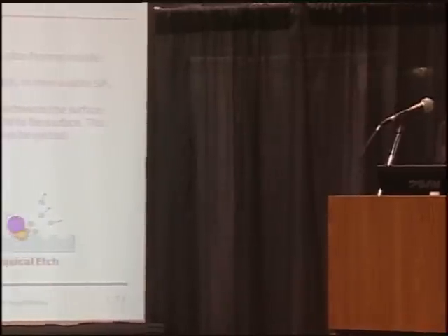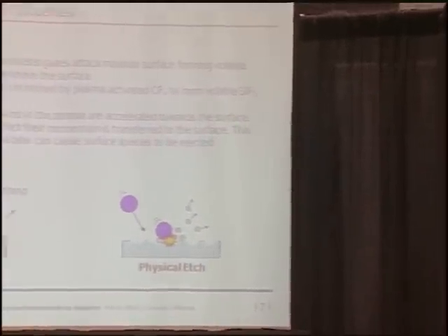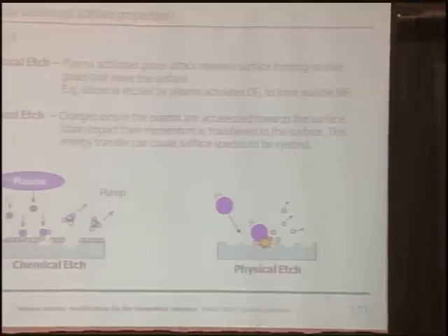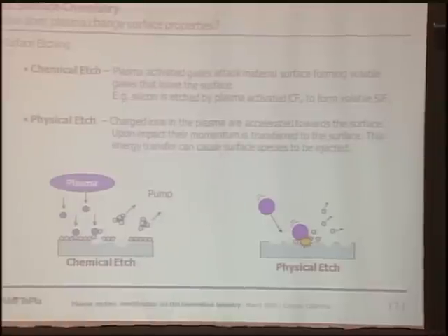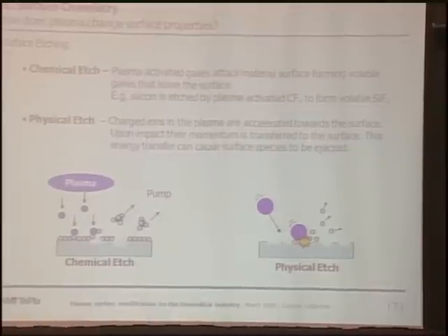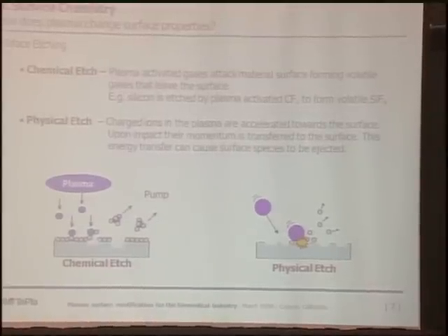Okay, this is the first one, surface etching. There's two ways that plasma can etch a surface, etch or clean a surface. The first is a chemical etch. This is where we will react plasma particles with the surface to form new volatile compounds that can be removed by the pump if you're using a low pressure plasma.